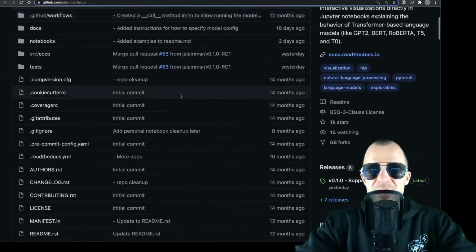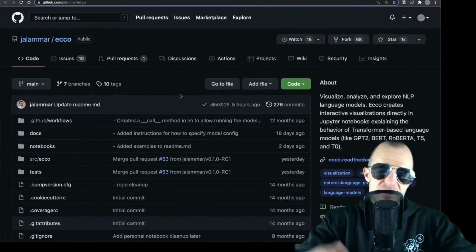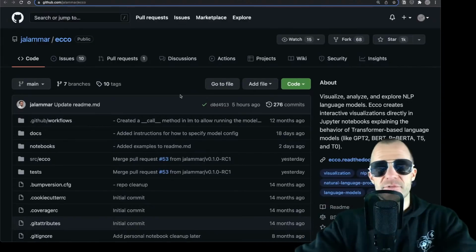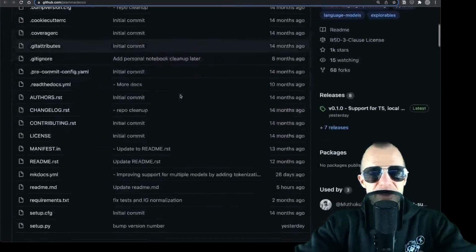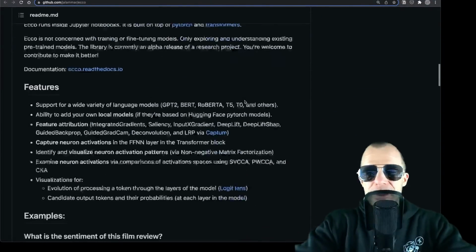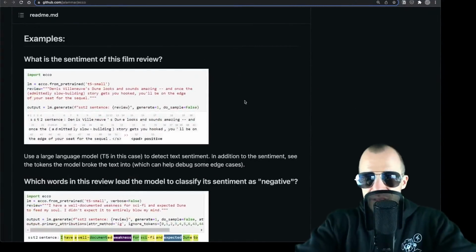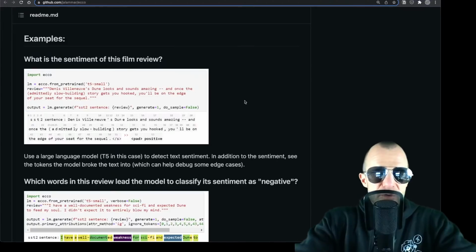Echo is a library. By the way, these things, they are sometimes not super new, but they have new releases, or I've just recently seen them. I call this news, but it's more like news to me. Echo is a library that visualizes NLP models, and they also have a new version out now. And this is a pretty cool library.